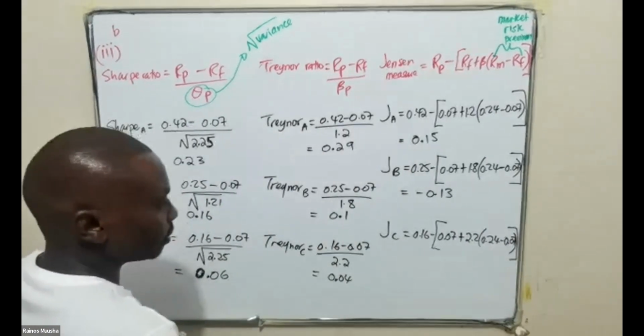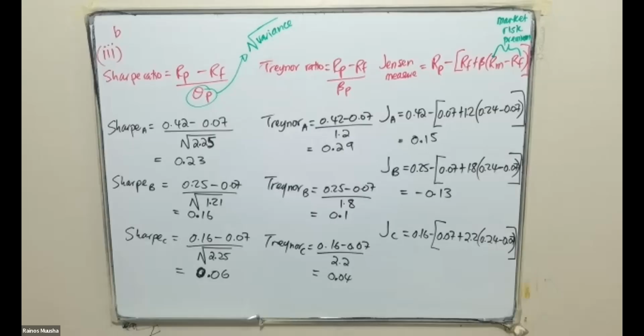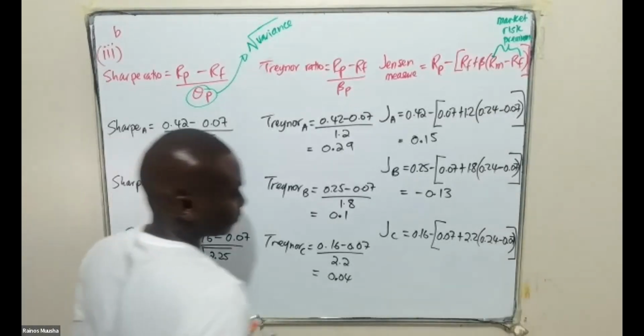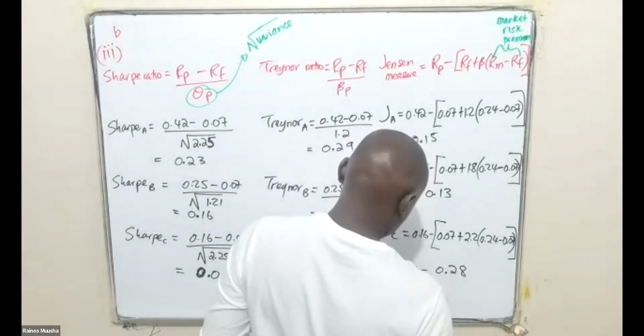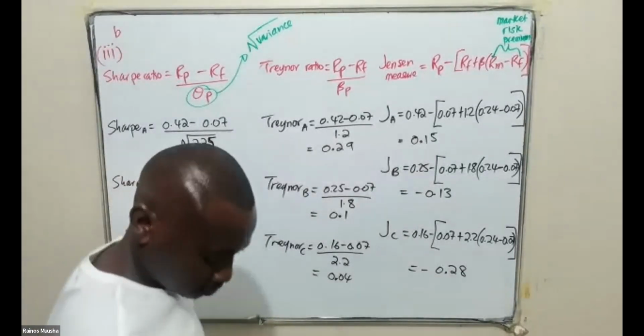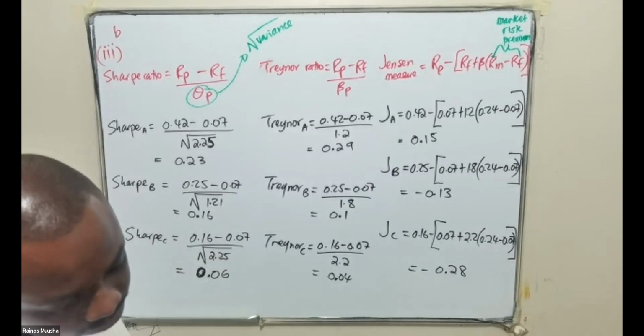So given this information, how much do you get as your Jensen measure for portfolio C? Minus 0.28. Are we all getting the same amounts?